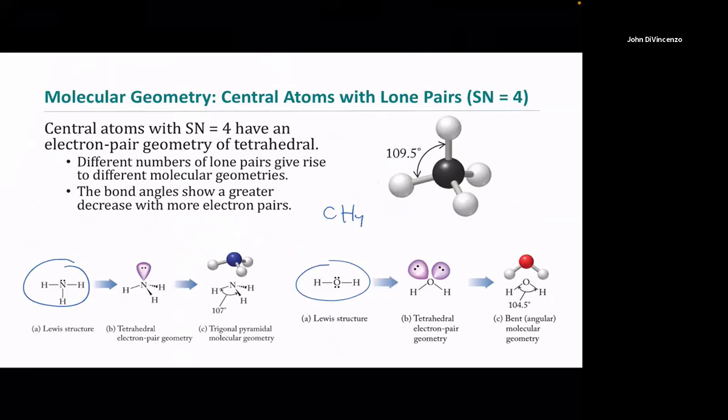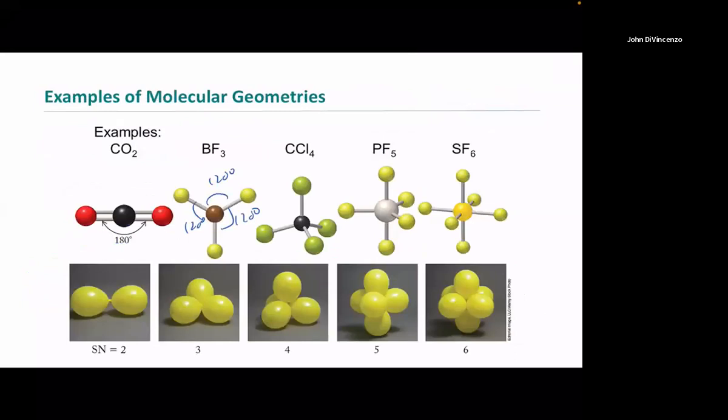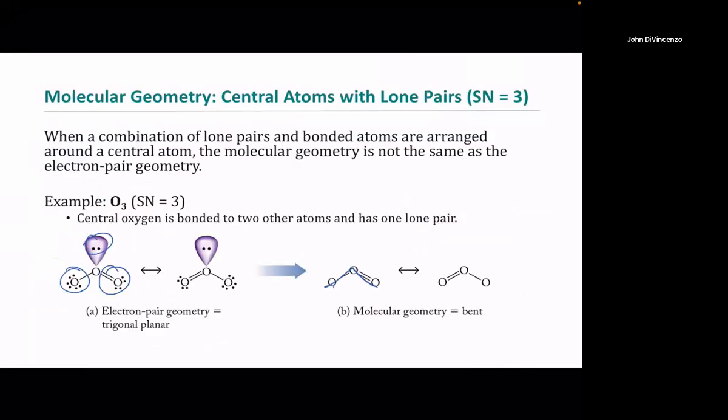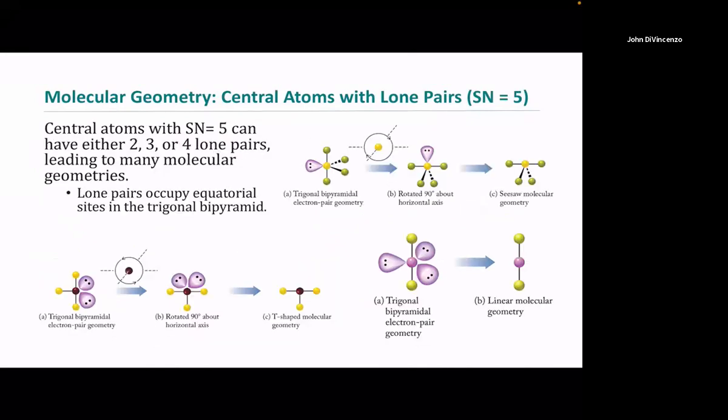Don't get trigonal pyramidal confused with this one here, which is trigonal bipyramidal, which we'll come up and do in a bit. I didn't realize trigonal was a word that was going to trip people up. Steric number 5. There it is. Trigonal bipyramidal.